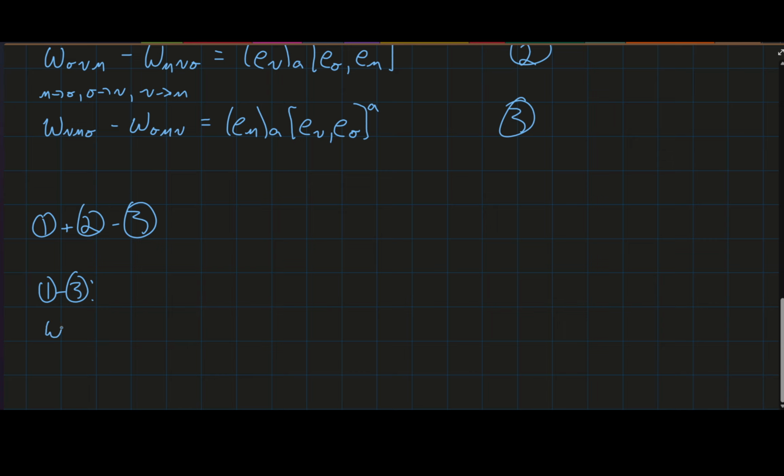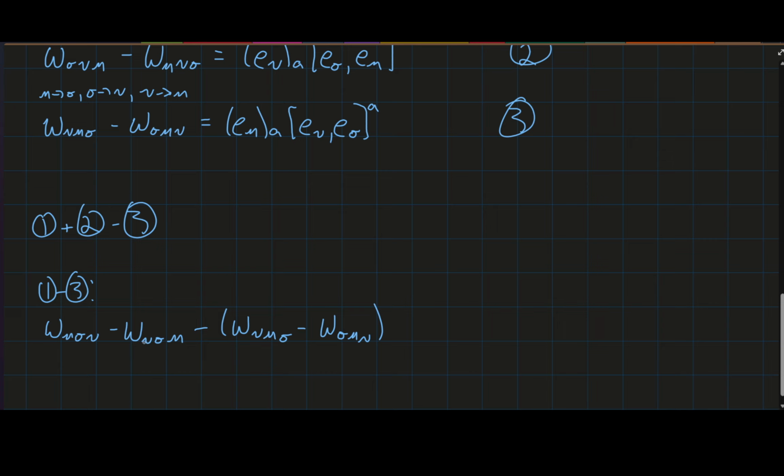We get omega mu sigma nu minus omega nu sigma mu, minus omega nu mu sigma minus omega sigma mu nu.